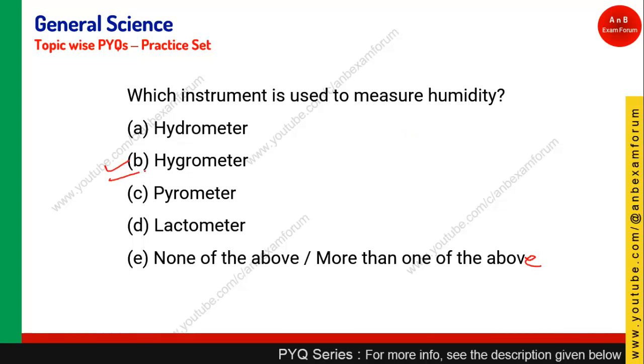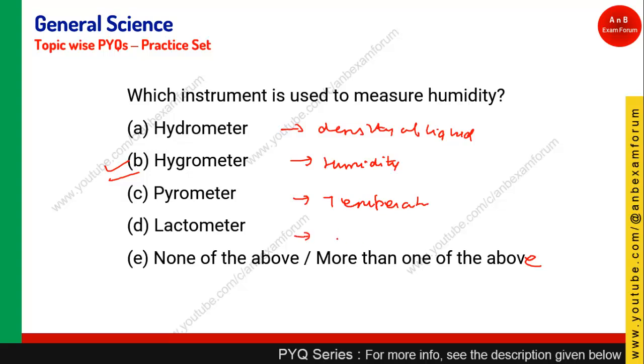Hygrometer is used to measure the humidity, whereas hydrometer is going to measure the density of liquid, whereas pyrometer, as you know, is going to measure very high temperature, and lactometer basically measures the purity or the density of milk. So for this question, option B is the right answer.